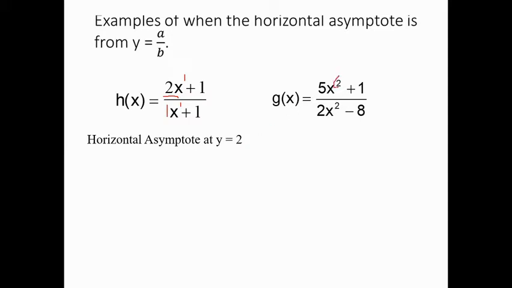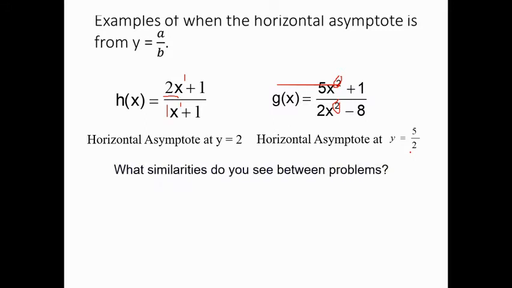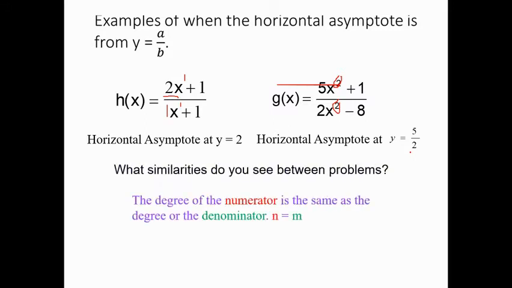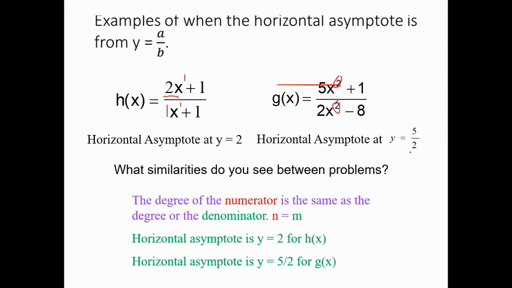Again, look here, and our degrees are the same. And this time, it's 5 over 2. Okay, because a is 5 and b is 2. Okay, so what similarities do you see between the problems? The degree of the numerator is the same as the degree of the denominator. Horizontal asymptote is y is equal to 2 for the h of x, and the horizontal asymptote is y is equal to 5/2 for the g of x.